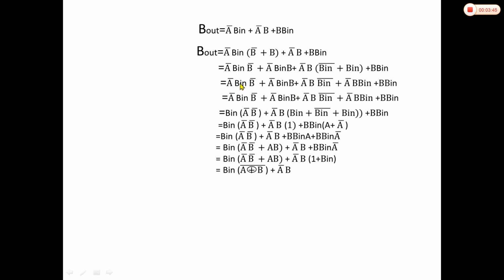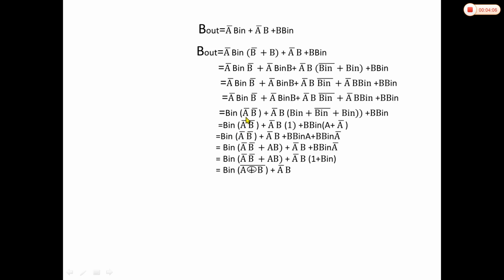When you take the B in common, it will be A bar B bar plus A bar B. When you take the A bar B, it will be B in plus B in bar plus B in, and plus B B in.